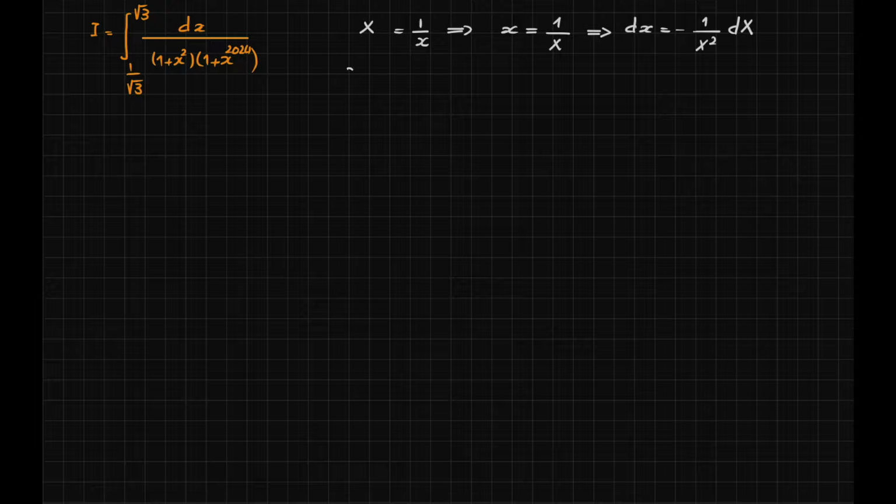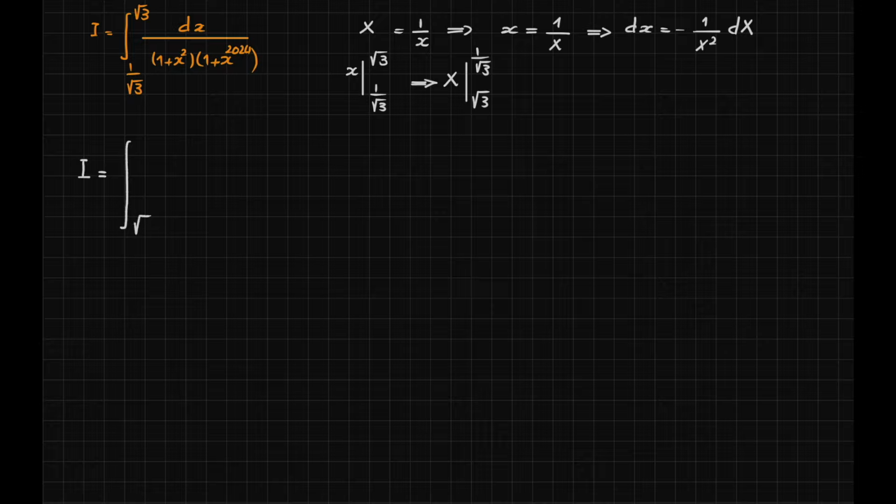And of course, if little x goes from 1 over square root of 3 to square root of 3, because capital X is the reciprocal of little x, this implies that capital X goes from square root of 3 to 1 over square root of 3. So the integral I can also be viewed in this form.